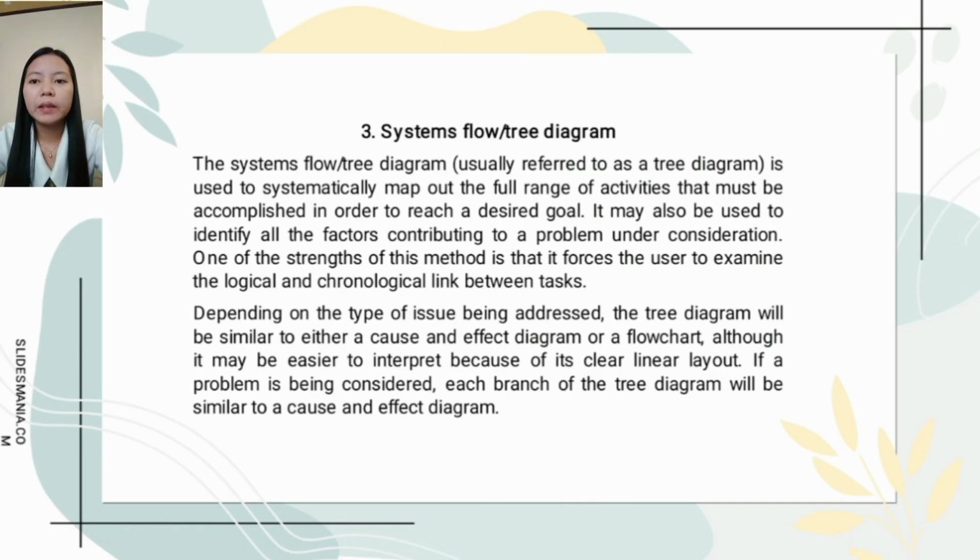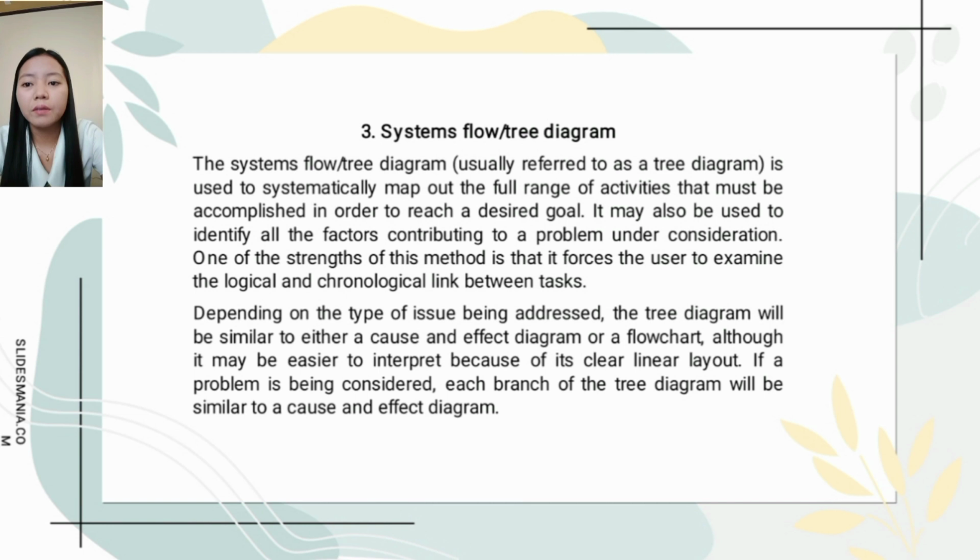So the third tool is system flow or tree diagram. The system flow or tree diagram, usually referred to as a tree diagram, is used to systematically map out the full range of activities that must be accomplished in order to reach a desired goal. It may also be used to identify all the factors contributing to a problem under consideration.